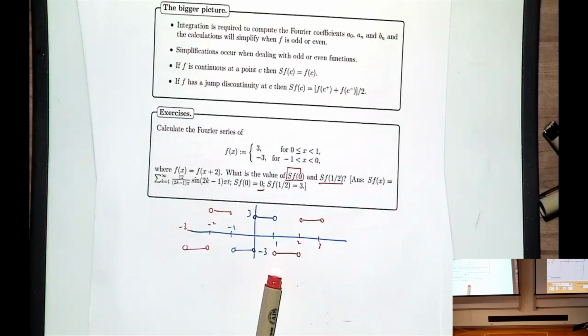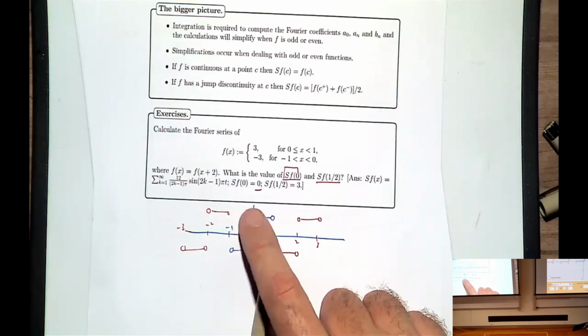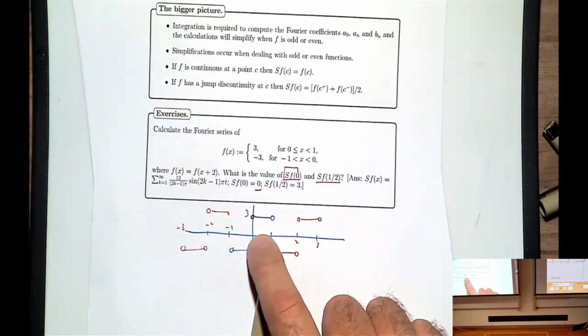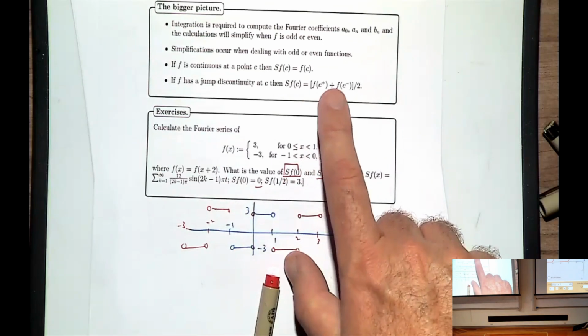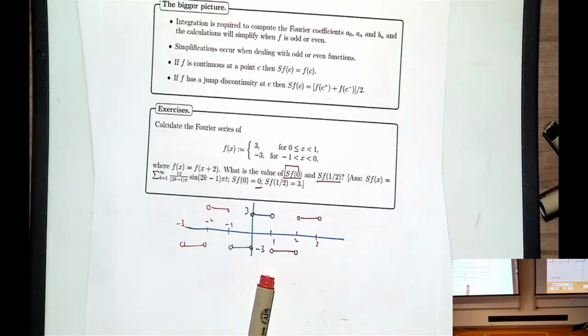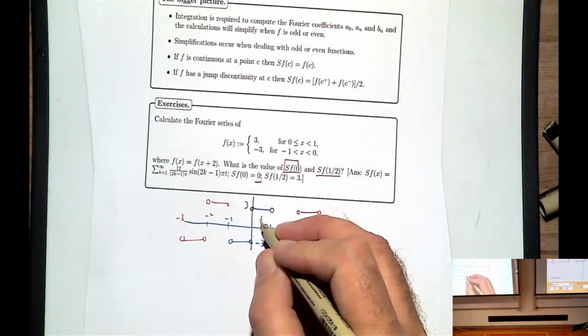And so we take the averages, as you said earlier, between the 2 points that we're connecting. Mm-hmm. Yep, perfect. So if I'm looking at this graph closely, and I want to find out what the value of the Fourier series is there at that point, f's not defined there, right? So the limit going this way is +3, the limit going this way is -3. The average is 0.